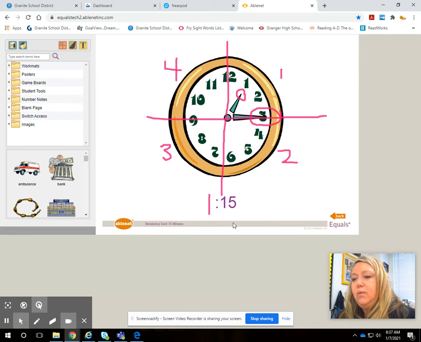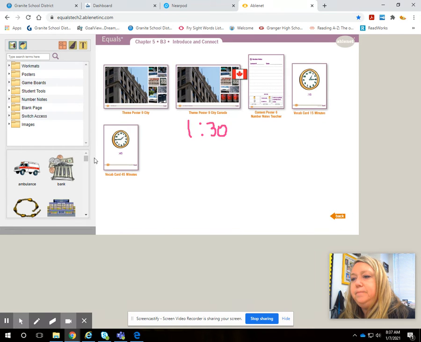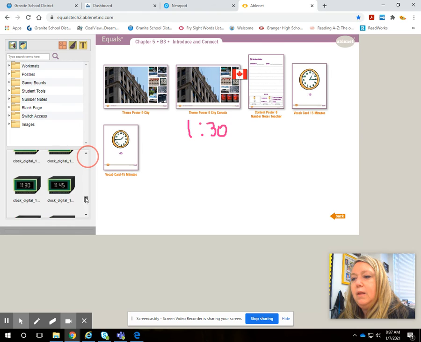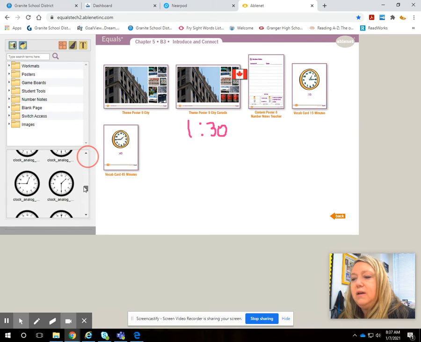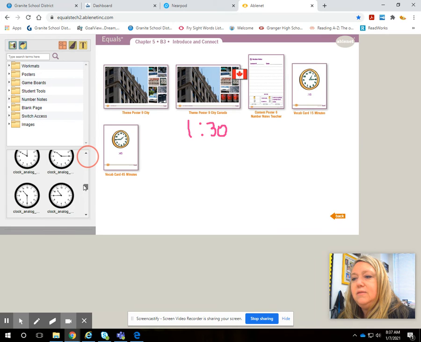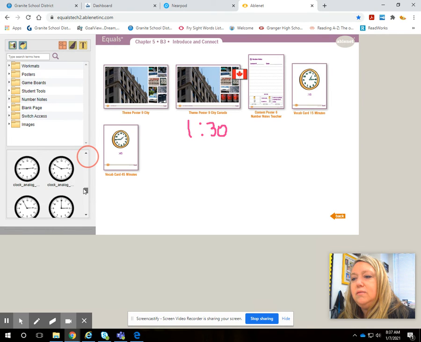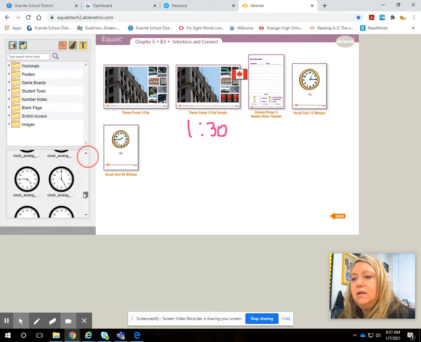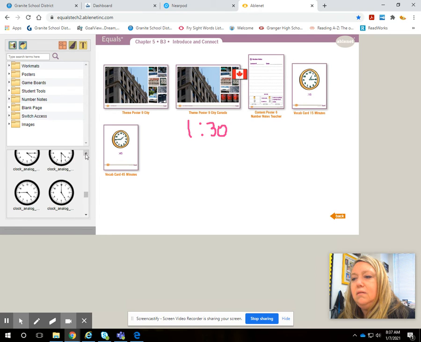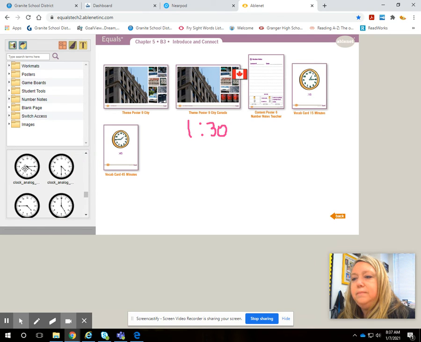We're going to, let's see, I wanted to take a look at the clocks down here, and we can look at some of these 15 afters. I don't know. There's one. It doesn't want to, oh, there we go.